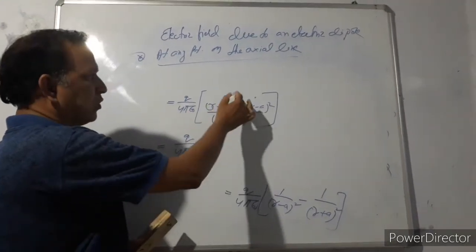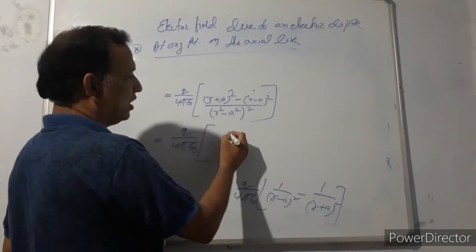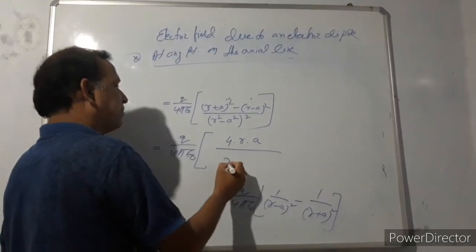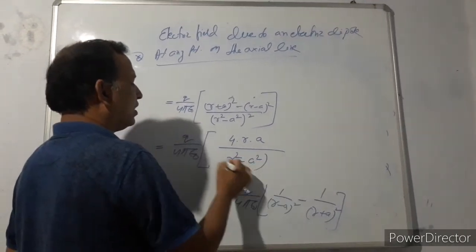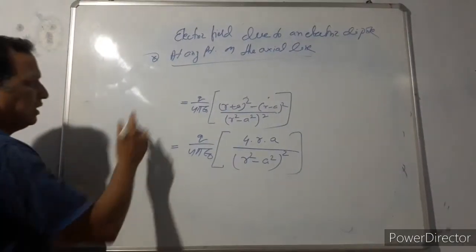That means r plus a whole square minus r minus a whole square is equal to 4 into r into a. So that is the E.